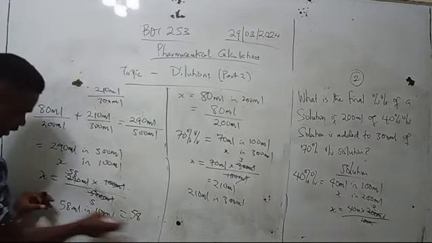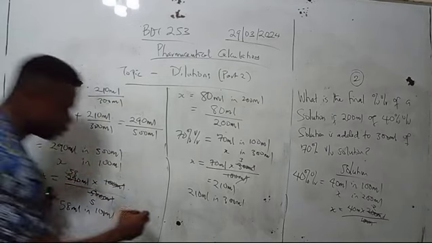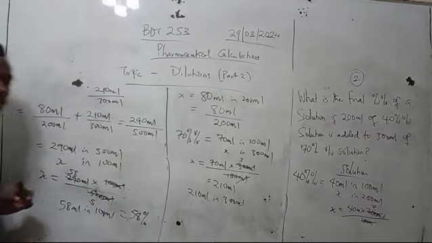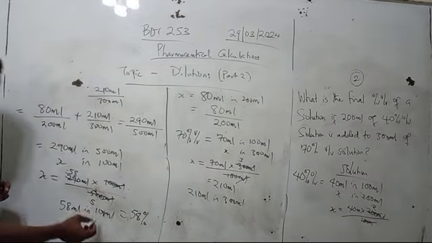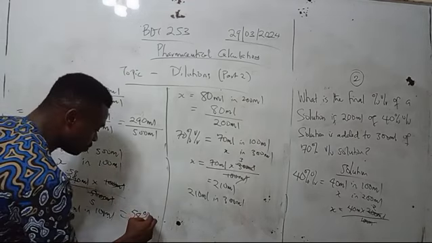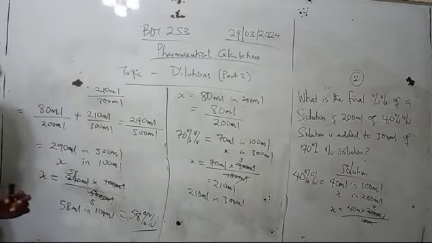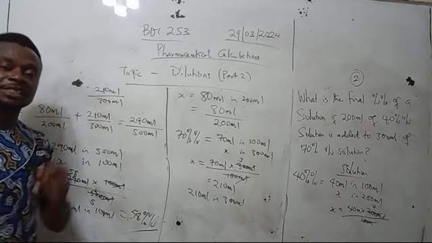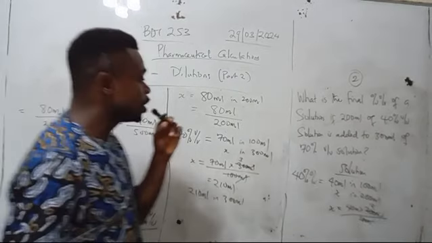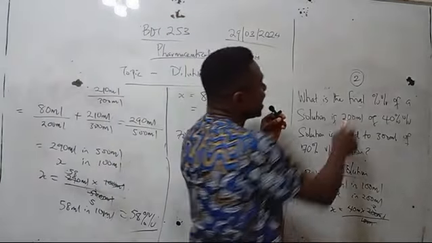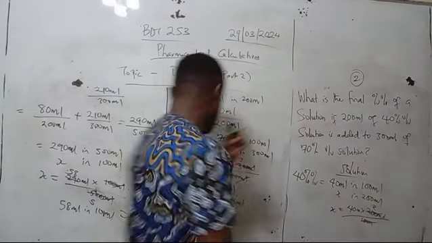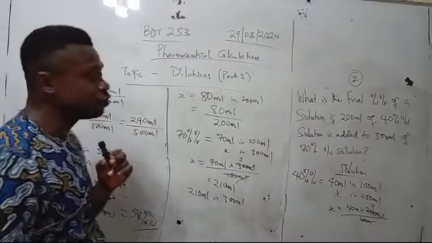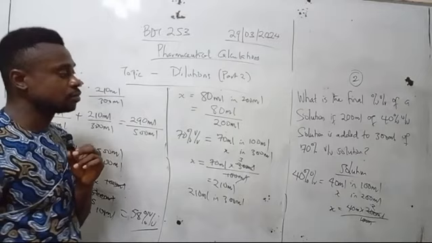See it here, 58%. So it's above one and less than the other. So the answer is 58% volume in volume. If you have any question, please ask.